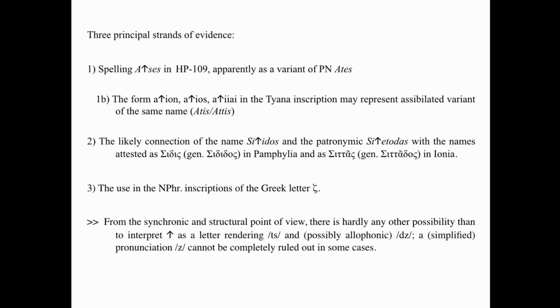And then we have also some other onomastic evidence, which is a little bit weaker, but most importantly, we do have the Greek Zeta used in the Neo-Phrygian inscriptions. So it is clear that the sound was present in Phrygian. Whatever its exact origin, it looks like we do have this sound, and so we can attribute the early Phrygian letter to this sound.